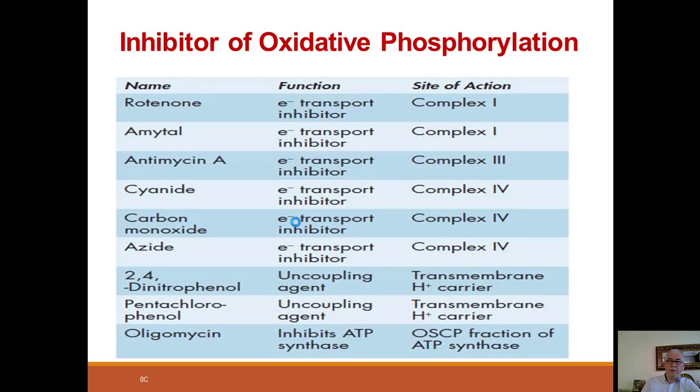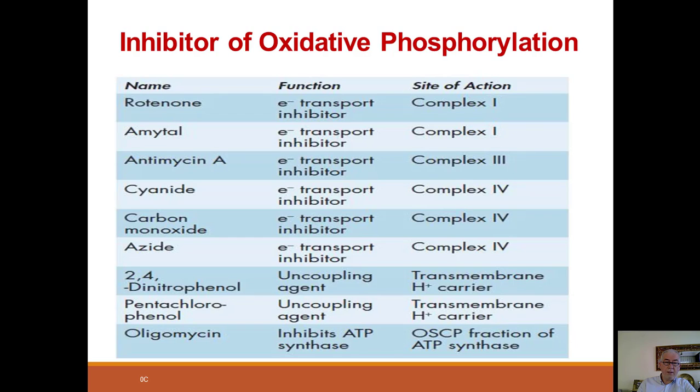When we look at inhibition of oxidative phosphorylation, we have different types of inhibitors that affect the activity of the electron transport chain and oxidative phosphorylation proteins. First is rotenone, which inhibits complex 1. Amytal also inhibits complex 1, and antimycin A inhibits complex 3.